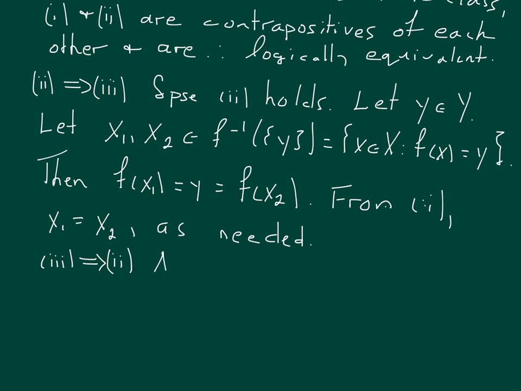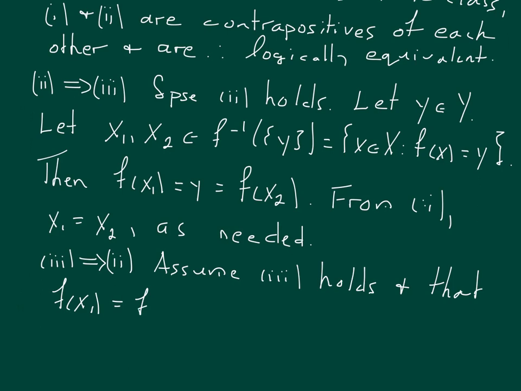Right, so down here, we assume 3 holds, and that f(x1) is equal to f(x2), and we'll be done if we can conclude that x1 is equal to x2.